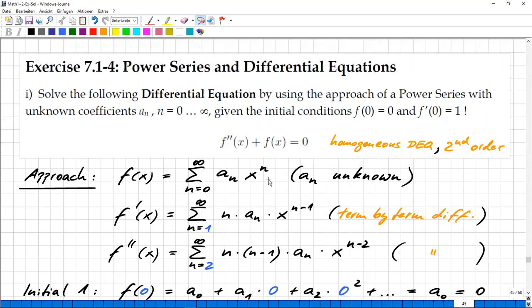And don't forget that the element number 0 is always a pure constant. These coefficients, of course, are unknown. It means that now we have, if you want, an infinity of newly created unknowns, but now comes the trick.